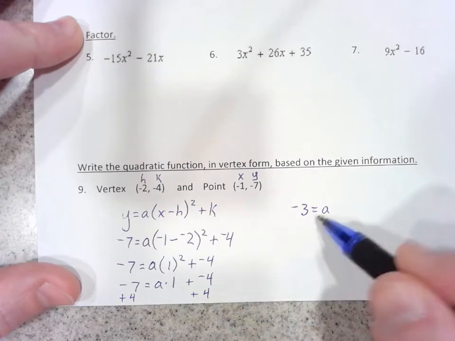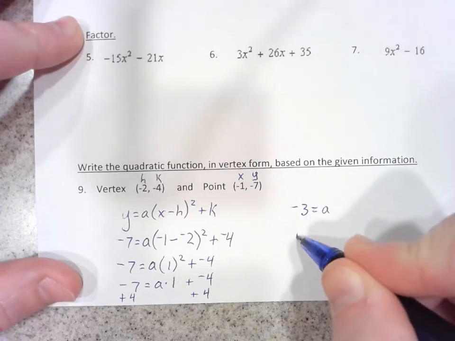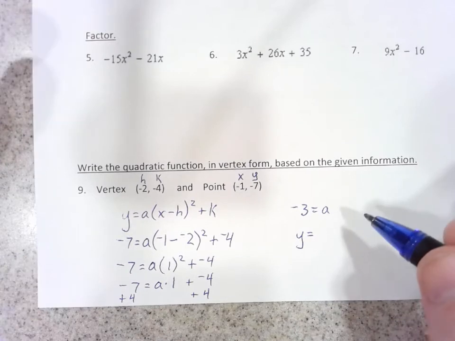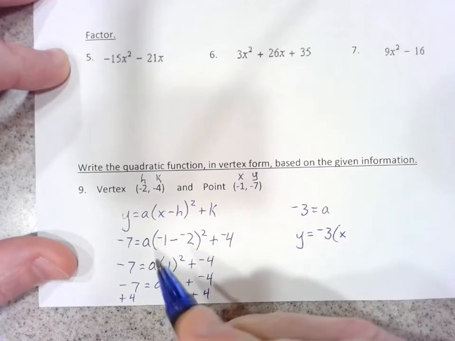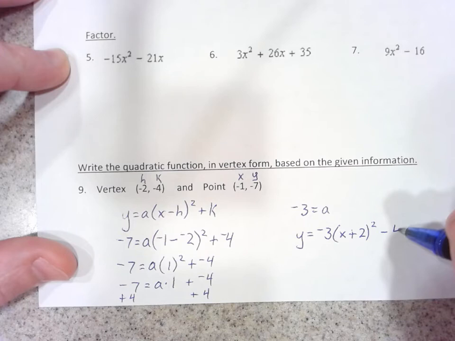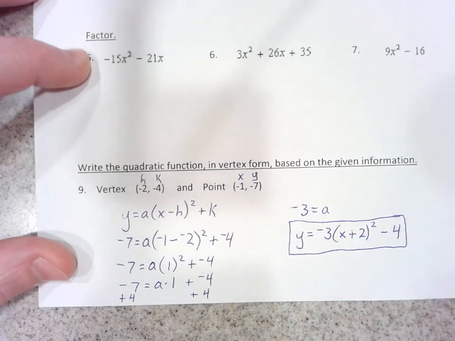So my a value is -3, which means my equation is going to use y and x as variables. So y equals, my a value is -3, x minus the h value. So minus -2 becomes x plus 2 squared, plus -4, which is the same as minus 4. And so that is the quadratic function in vertex form.